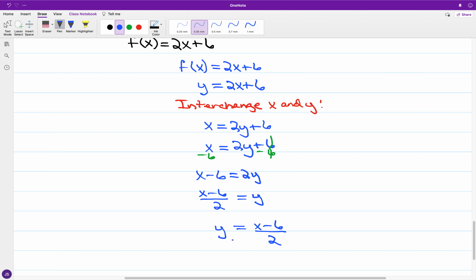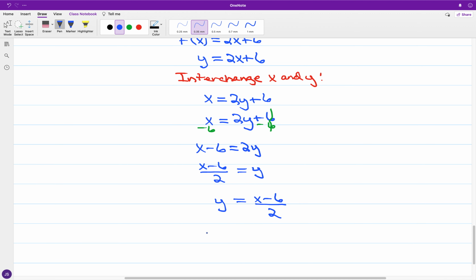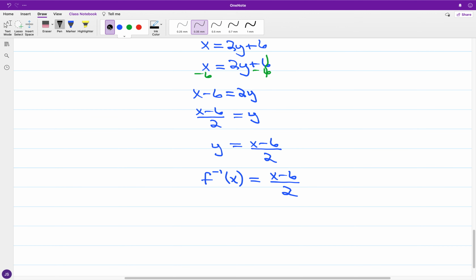And for this y, if I put it in functional notation, on the basis that the first y was spun off from f of x, that particular y is going to be in reference to the inverse of f of x. So you have the inverse of f of x, and that is going to be x minus 6 over 2.